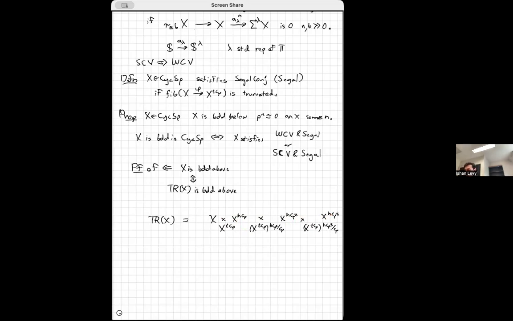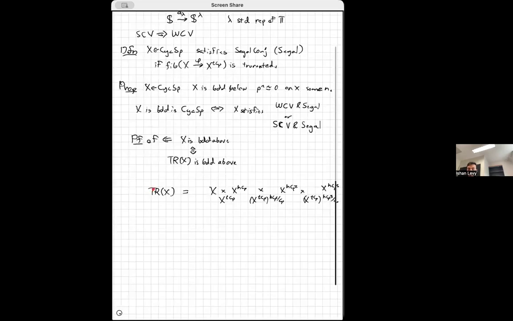And so we're trying to show that this is bounded above, assuming, let's say, weak canonical vanishing. So we want to assume weak canonical vanishing and the Segal conjecture. What we want to show is that this TR is 0 in really large degrees. So the point is that this infinite iterated pullback, we can think of it as an inverse limit of just doing finitely many pullbacks.